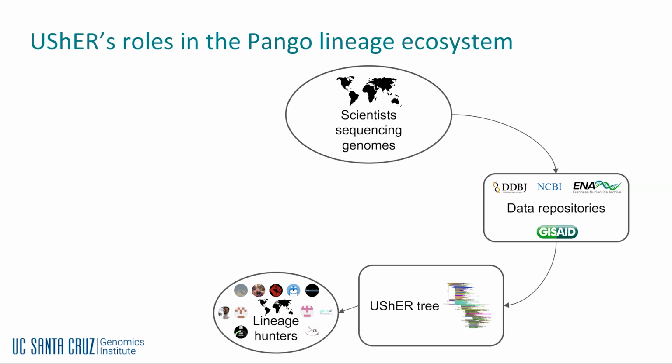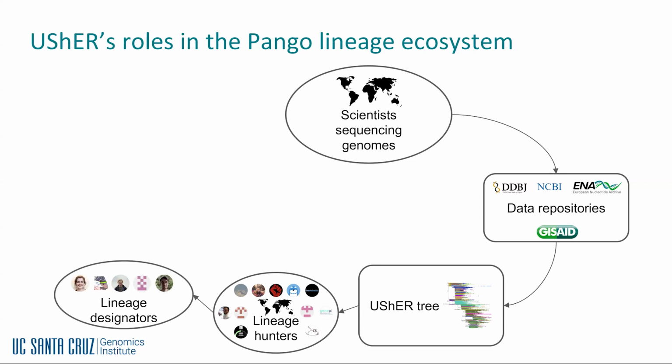When they think they have found a branch that is worthy of being a Pango lineage, they'll propose it, and then a lineage designator, who at this point is just Cornelius, will evaluate those proposals.